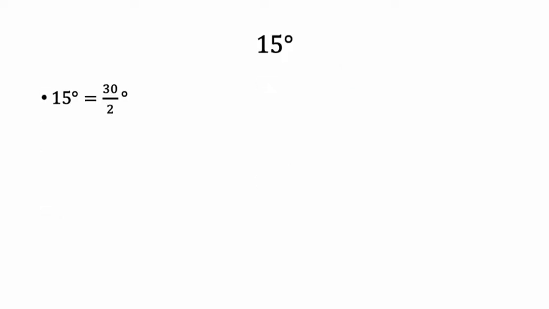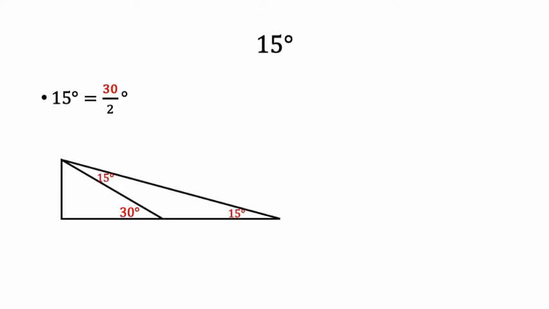So let's now look at 15 degrees. We're going to talk about how you get the length ratios of 15 degrees. The first thing that you can notice is that 15 degrees is half of 30 degrees. So we'll draw out a 30 degrees triangle, and then we'll let 30 degrees become an external angle, and let's draw an isosceles triangle, which has an angle of 15 degrees.